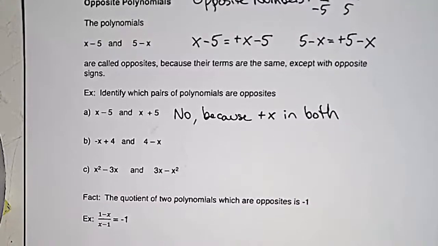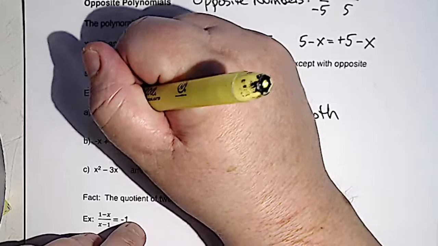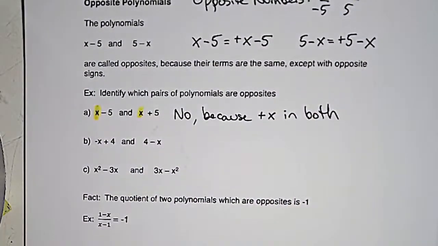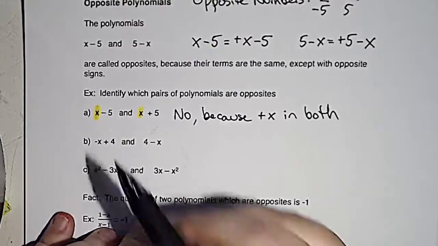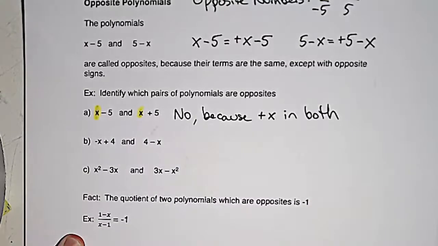So in other words, let me get my handy dandy highlighter. x stays x in both. So for them to be opposites, I would need a minus sign in front of the x in one of them so that they completely change signs.